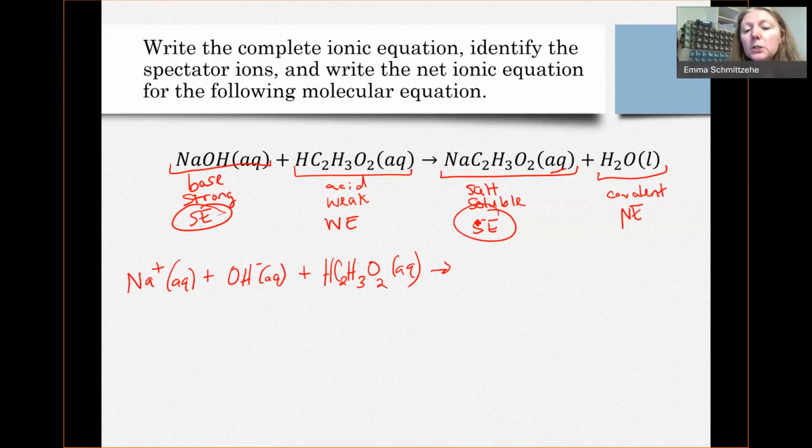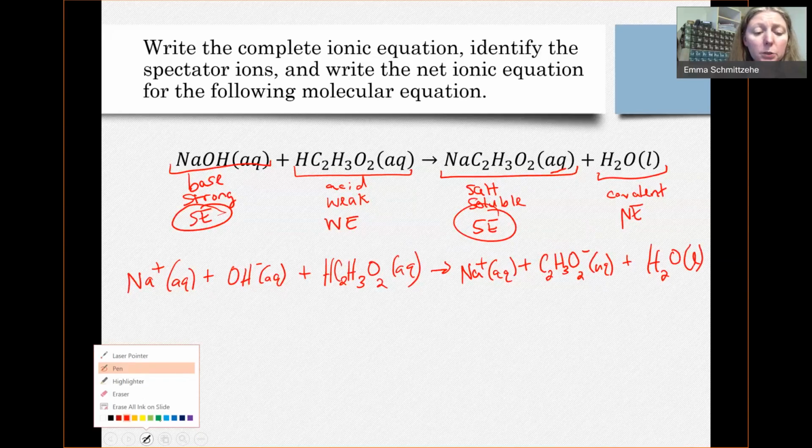And then the sodium acetate, that's soluble, so we write it as the ions, Na plus aqueous, and C2H3O2 minus aqueous. And then the water, since it's a non-electrolyte, we leave it together as H2O. And then we identify our spectators.